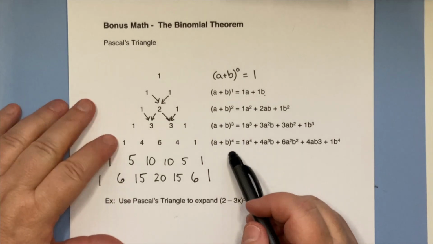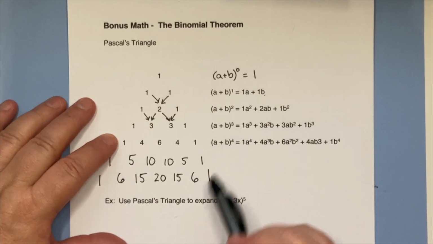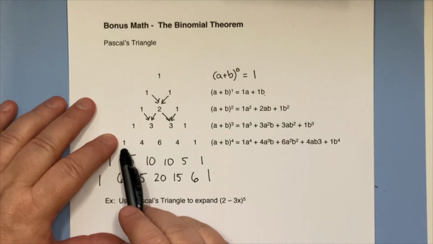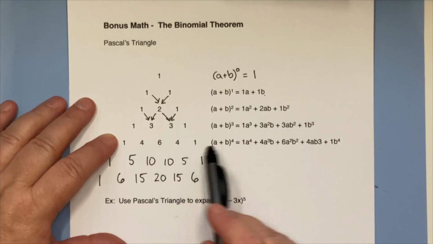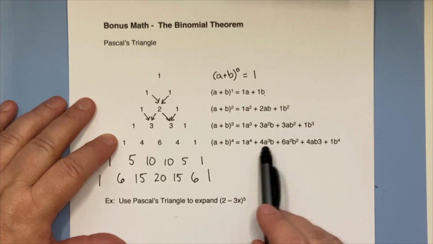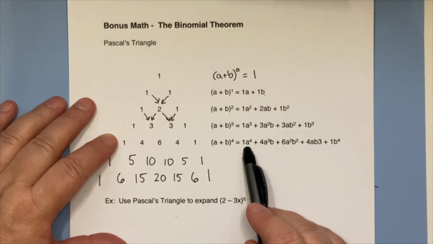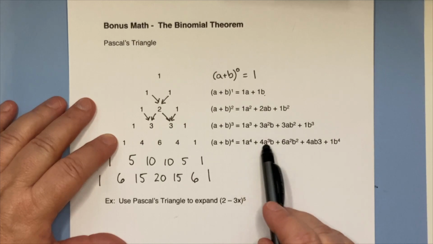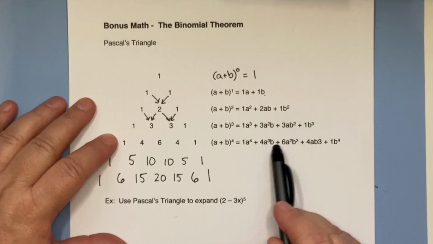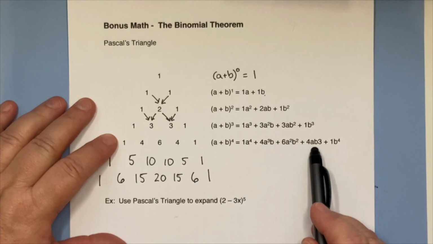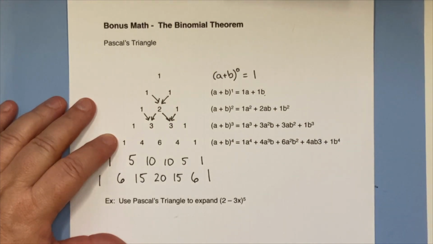So next row, a plus b, the quantity to the 4th power. Again, the coefficients are 1, 4, 6, 4, 1. You start with a to the 4th. Then it's a cubed times b, a squared b squared. a keeps decreasing the exponent.